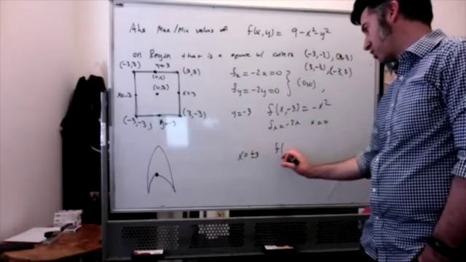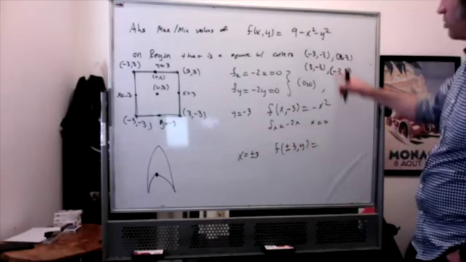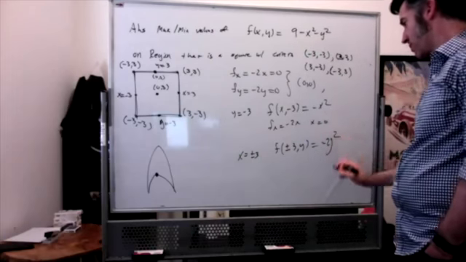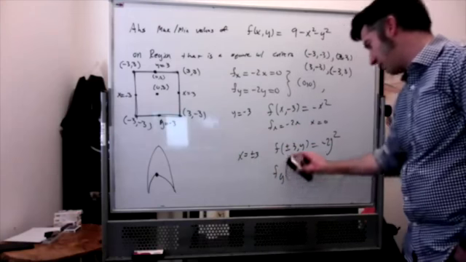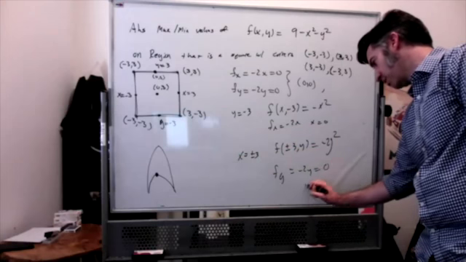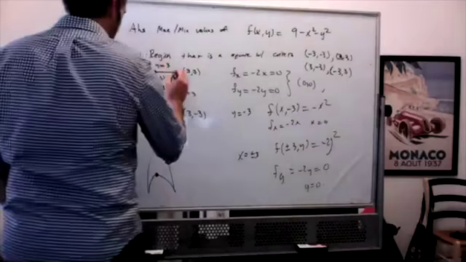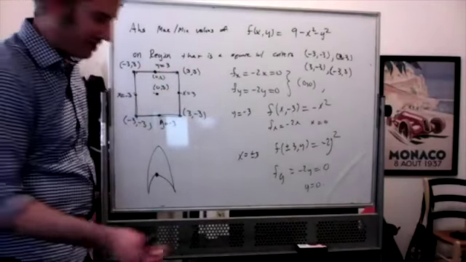You're going to get your function f of (±3, y) equal to 9 minus 9 minus y squared, and then the partial with respect to y is going to equal just -2y, which gives you y equal to 0. So these are our 1, 2, 3, 4, 5, 6, 7, 8, 9 critical points we have to check.